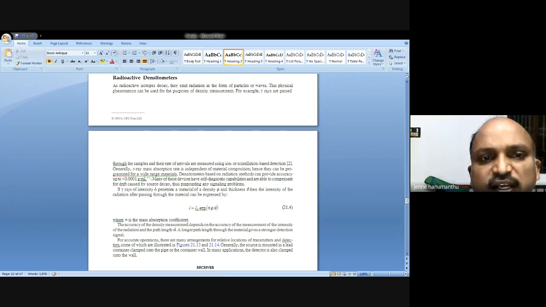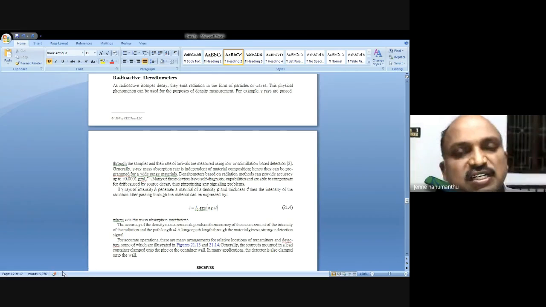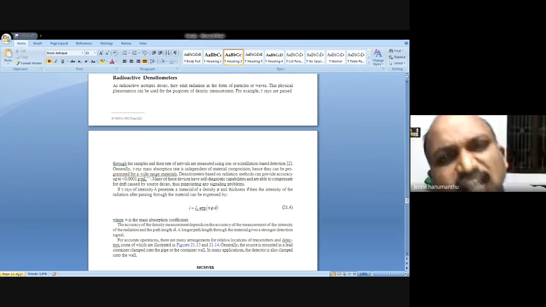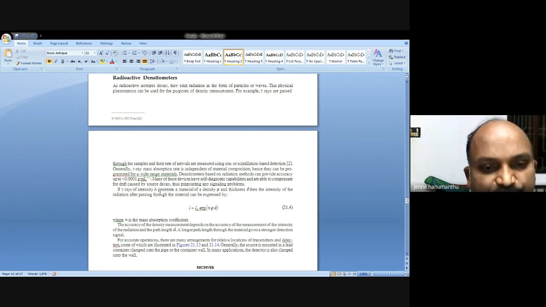Any fluid experiencing radiation absorbs some of the radiation. Generally, if the absorption coefficient is very small, we can have the J. What is J? J is the penetrated material intensity, and that intensity is proportional to the rho value.